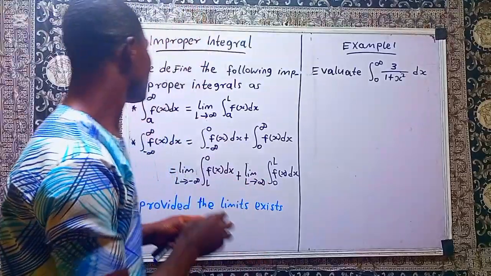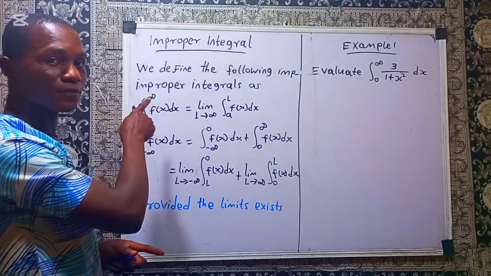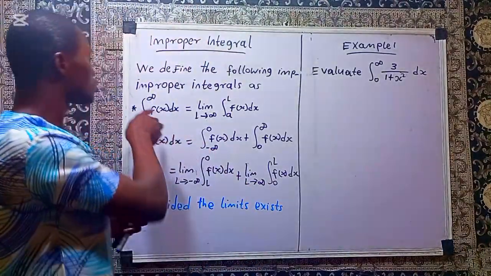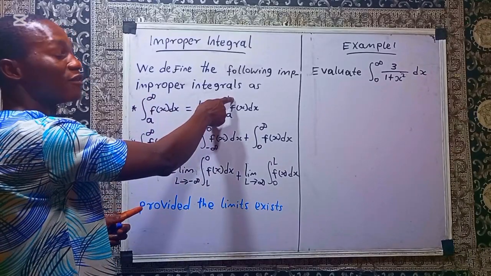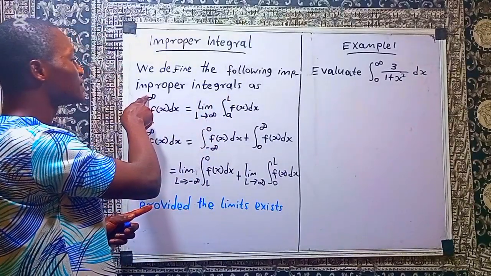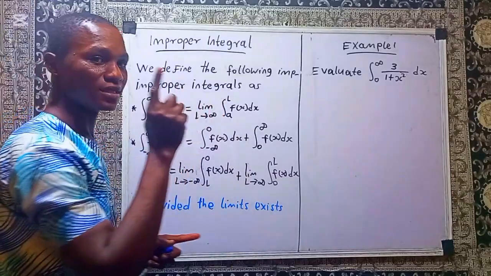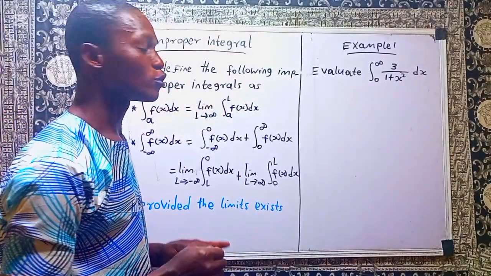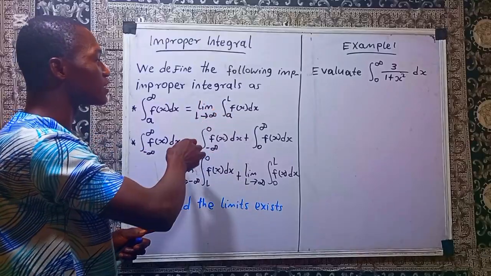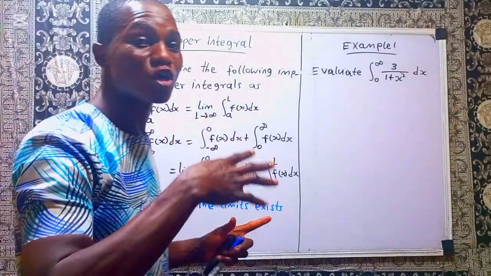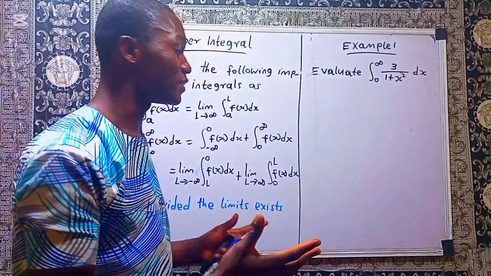That's why this integration is an improper integral. So we need to evaluate this as L goes to infinity. So we are replacing this infinity with what? A real number L. So we now evaluate the limit of this integration as L becomes large, approaching infinity.